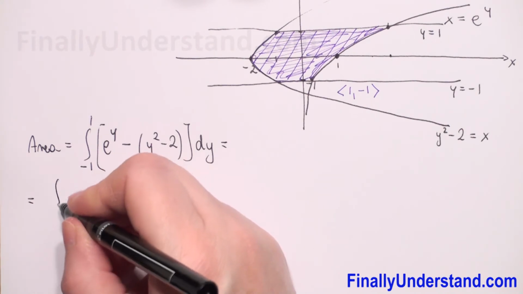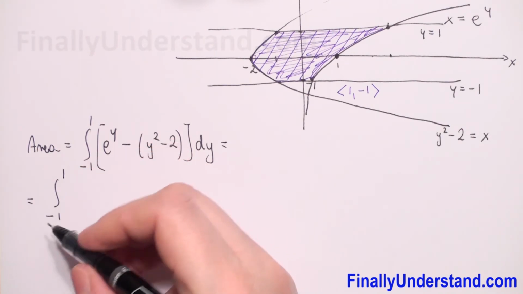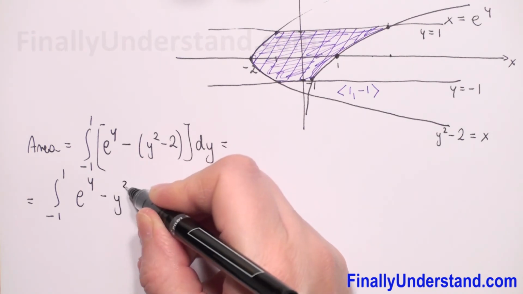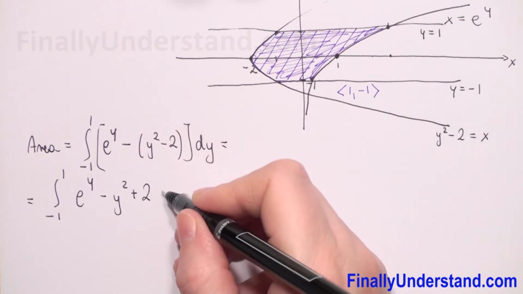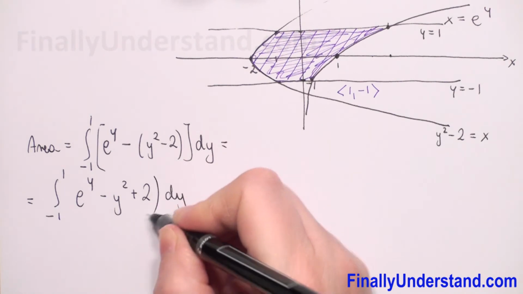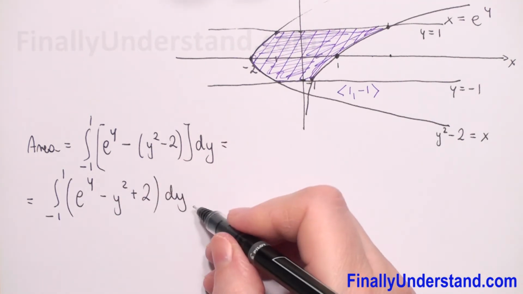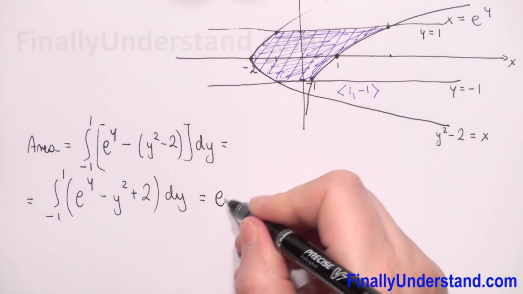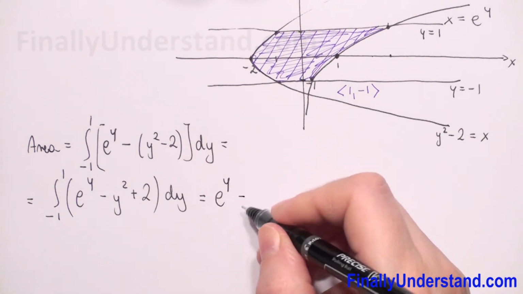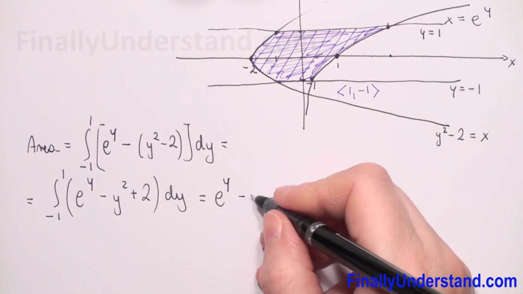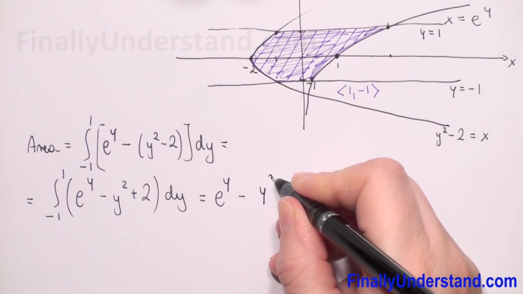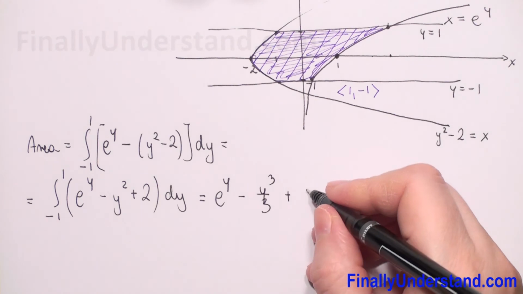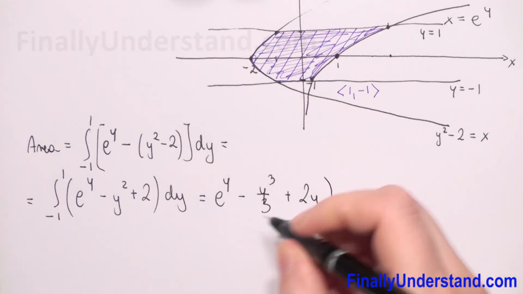So this is equal to the integral from -1 to 1 of e to the power y minus y squared plus 2 dy. So this is equal: the integral of e to the power y is e to the power y, minus the integral of y squared is y cubed over 3, plus the integral of 2 is 2y.